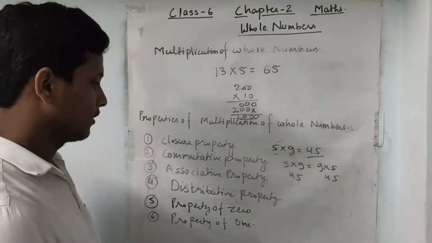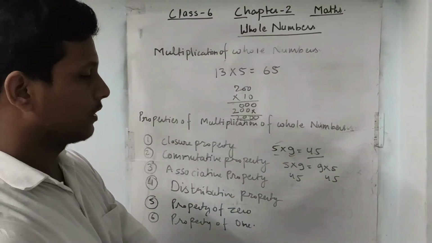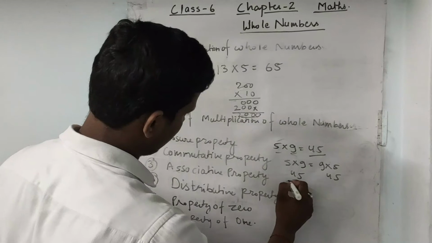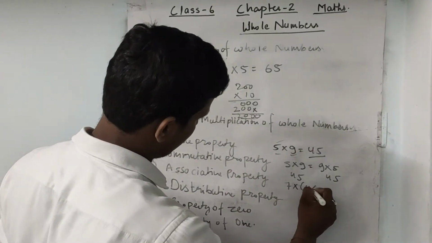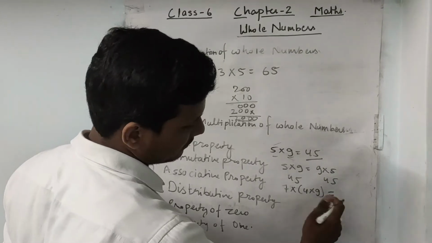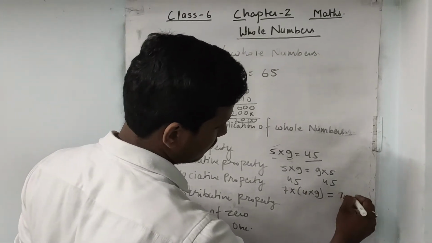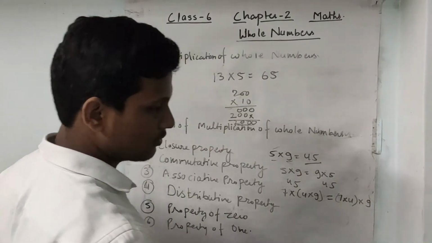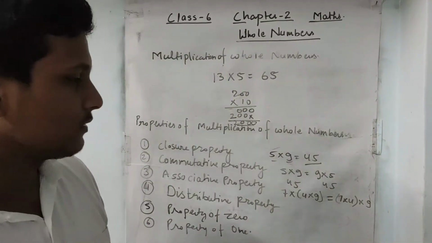Next is the associative property. The associative property states that, like 7 multiplied by (4 into 9), if we change the brackets, then there will be no change. Association of brackets changes, there will be no effect on the result.